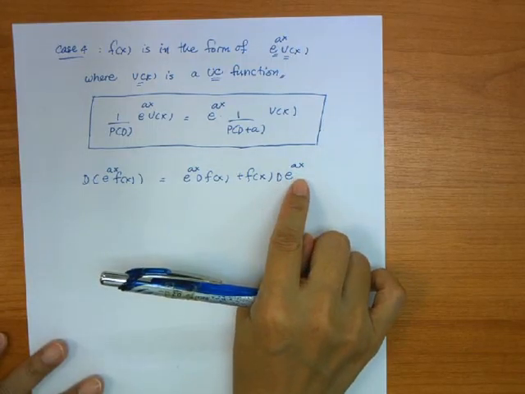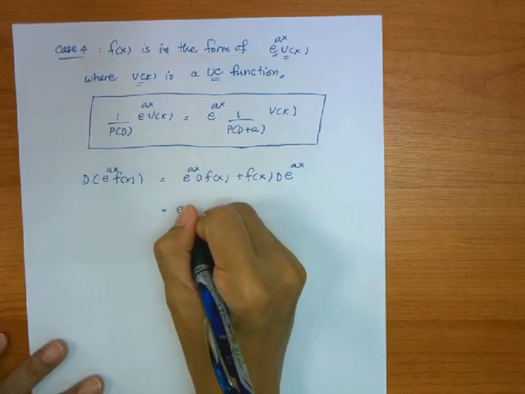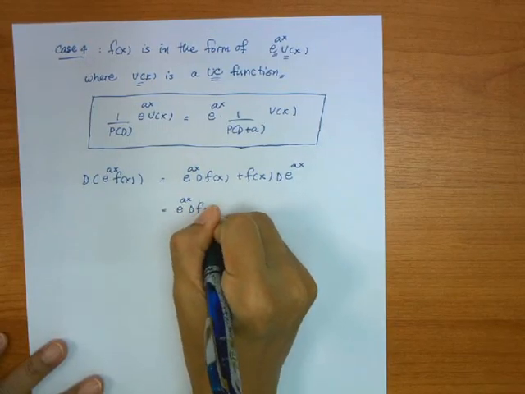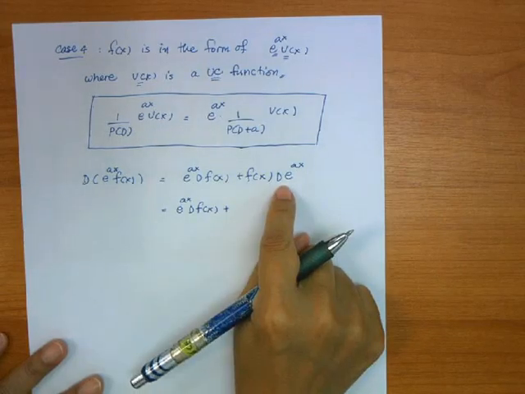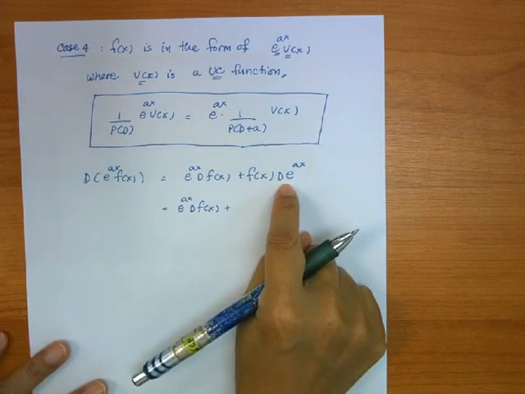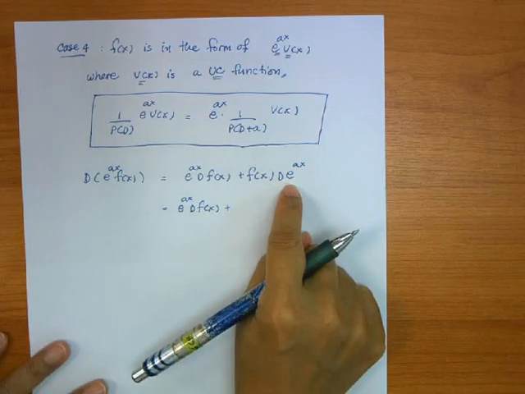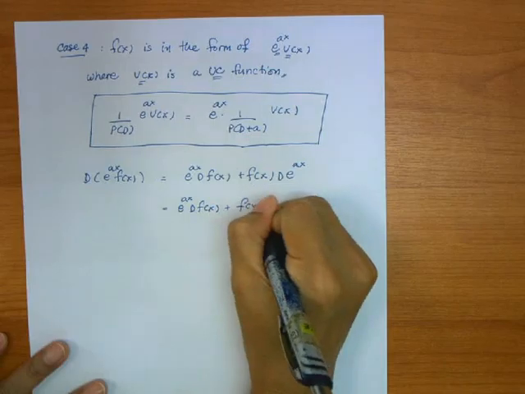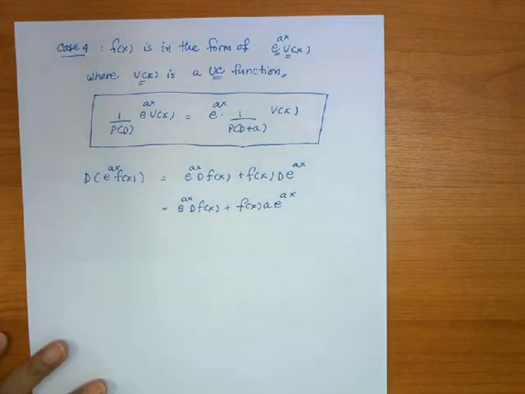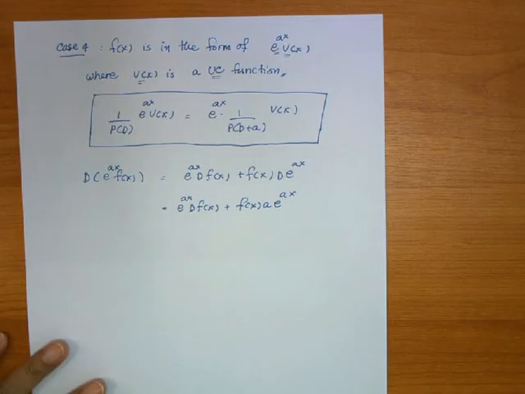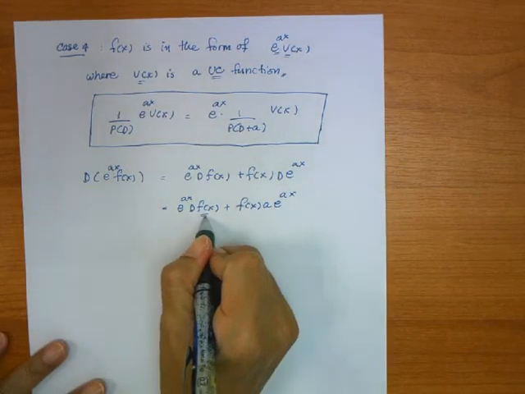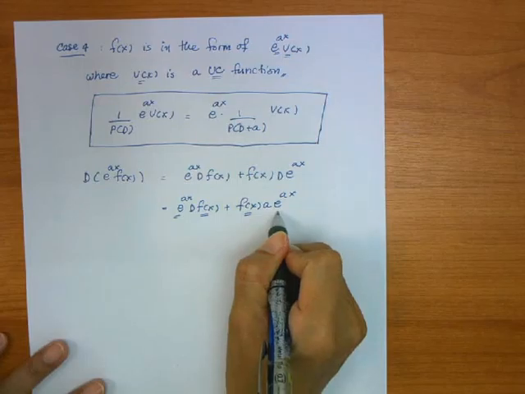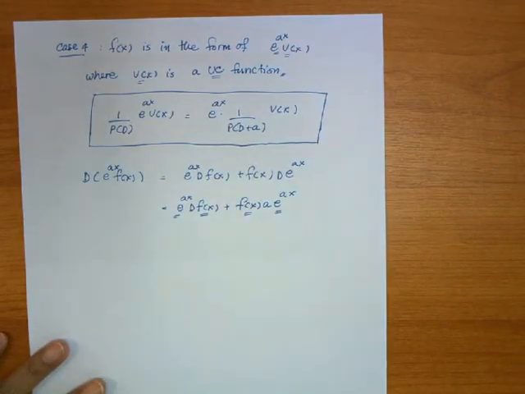The derivative of exponential of ax by dx is equal to a times exponential of ax. We have this term and this term looking the same for both terms, right? So we can take it out.